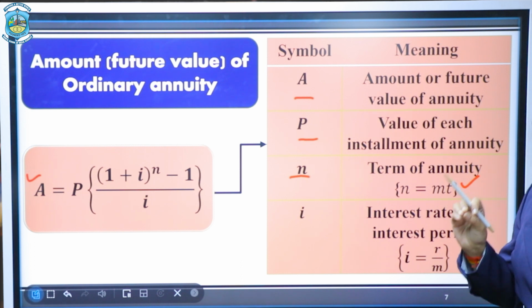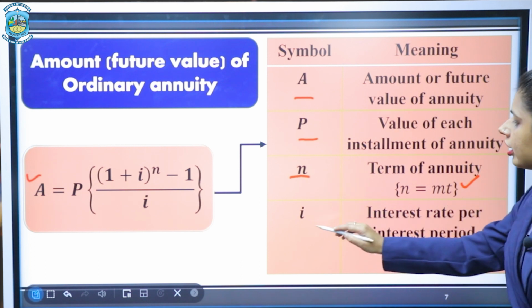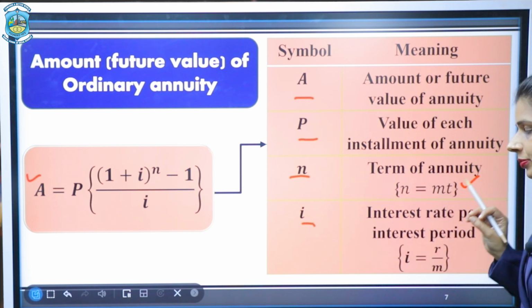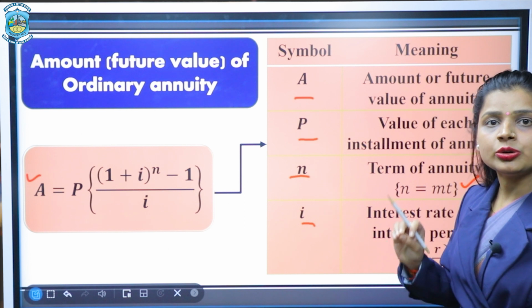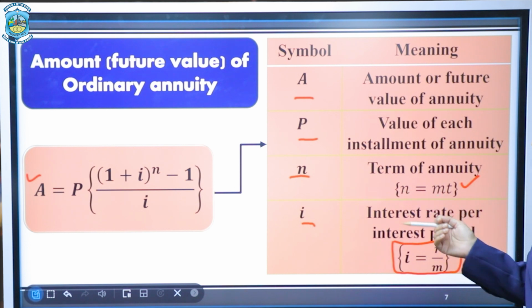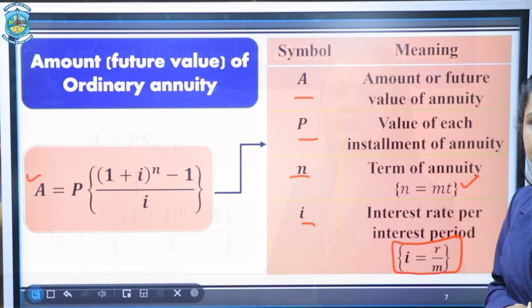t is duration. i is the interest rate per interest period and its value is calculated by i equal to r by m. This r is the rate of interest.